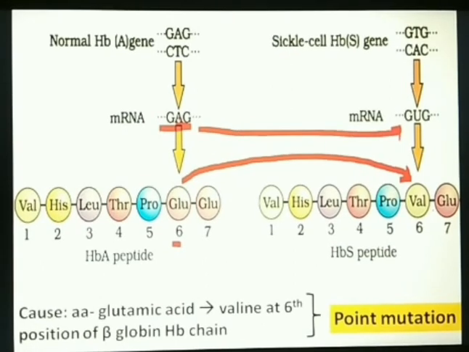Only because of one change in the nitrogen base, the mutation in the beta globin chain leads to sickle cell anemia. The normal HbA beta globin chain of hemoglobin leads to an abnormal HbS beta peptide chain of hemoglobin.